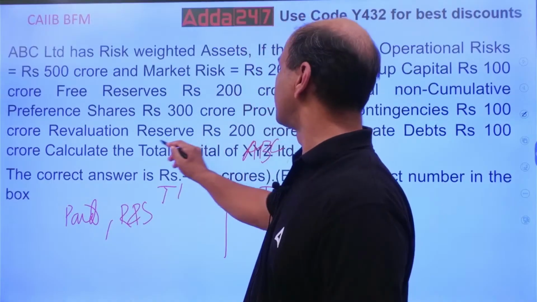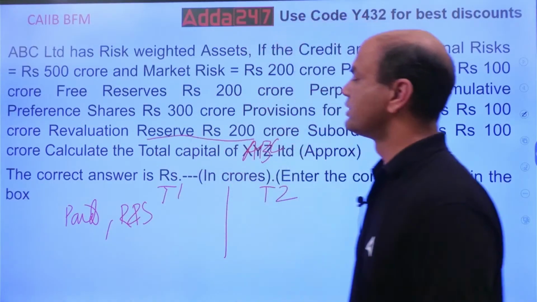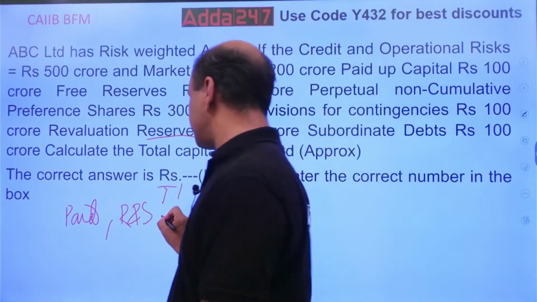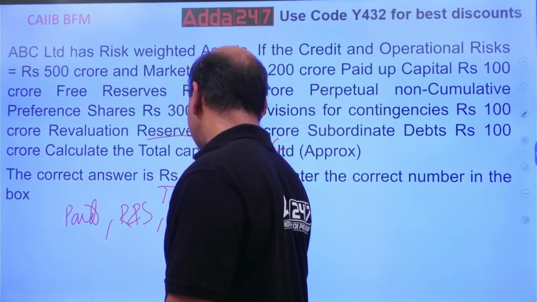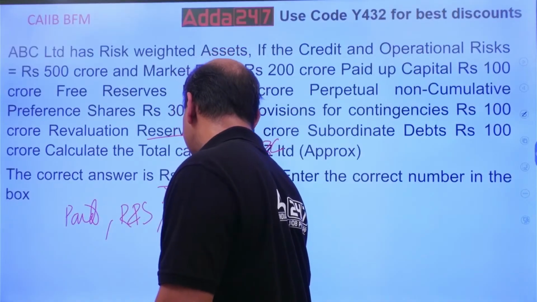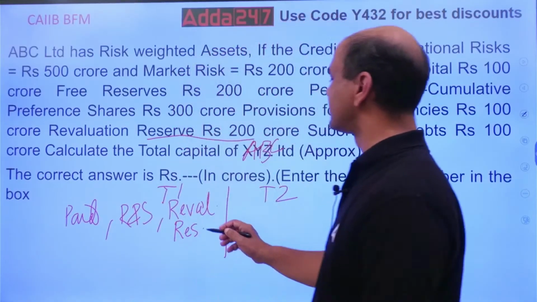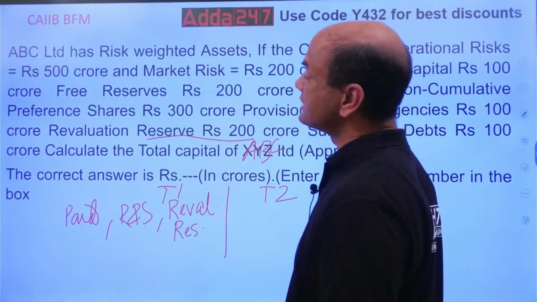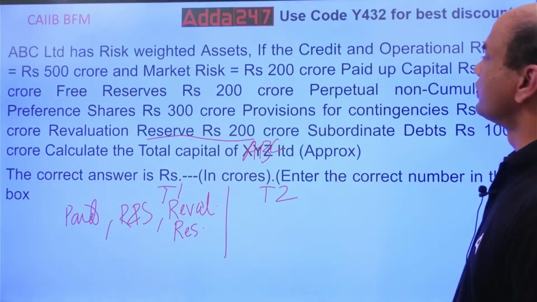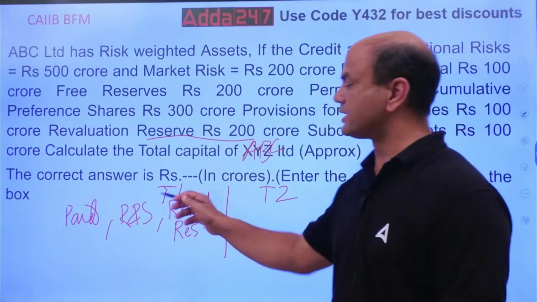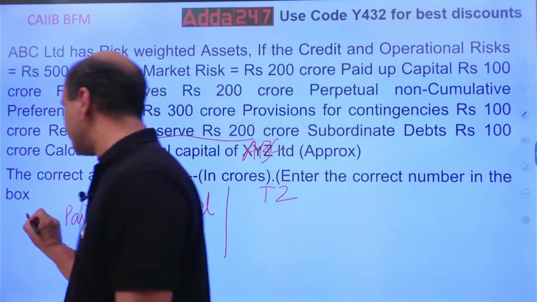Are they given? Yes, revaluation reserves are given. So paid up, R&S, revaluation reserves. These are a part of CET1. And the last one is net profit, but that is not given over here. So take only these three. These are the part of CET1.